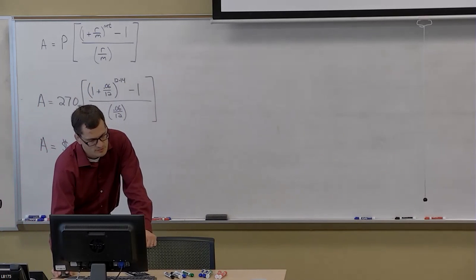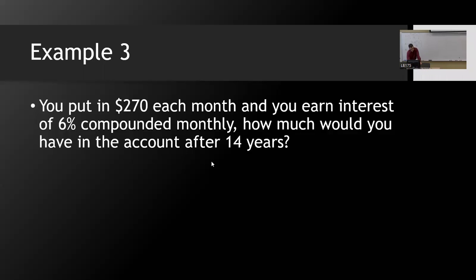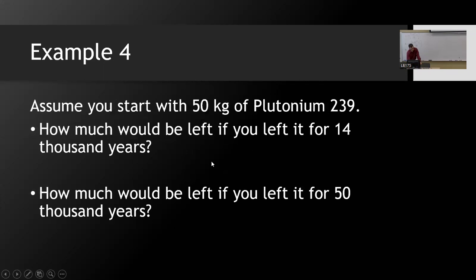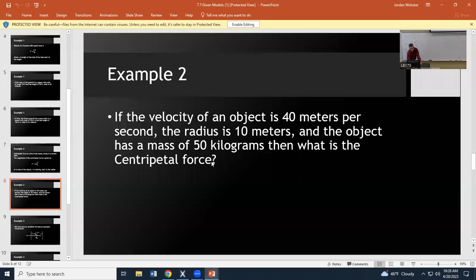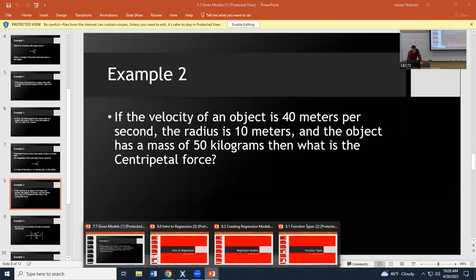We didn't have to derive it on our own, although we did kind of see where it came from when we got to that point. I'll skip example 4. Example 4 was about half-life of plutonium. We've kind of already done one of those with a given model.